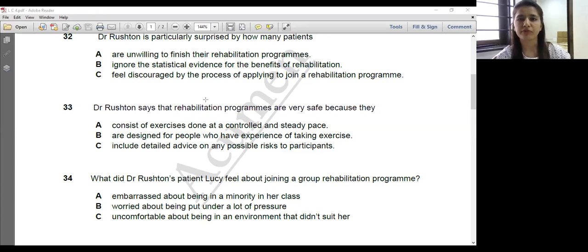If there is a program or a presentation or a new form of treatment that they are discussing, they are definitely going to give out examples of how it worked on their own patients. So here he's going to give us an example of a patient called Lucy, and he's going to discuss how she felt when she was asked to join a group rehabilitation program. See that the concept is changing slightly here. This is more about the group rehabilitation program and not the one which you take one-to-one with your physiotherapist.